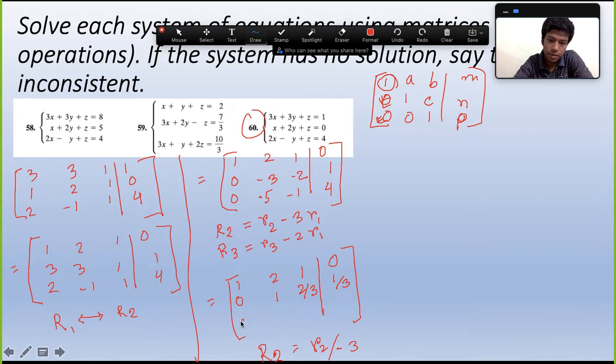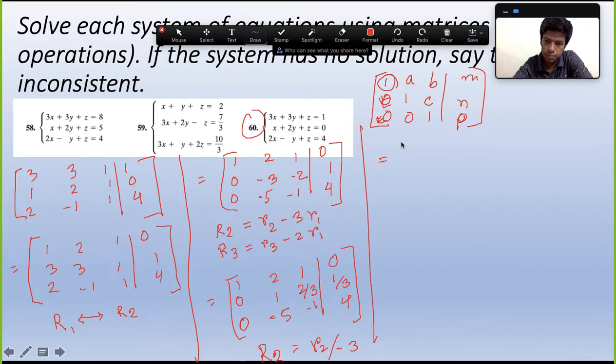Then 0 here. Now I can do one thing, that is, let me write this line here, because if I do another operation, then it may seem confusing. Okay, I have just written the last line. I haven't done anything with this line.